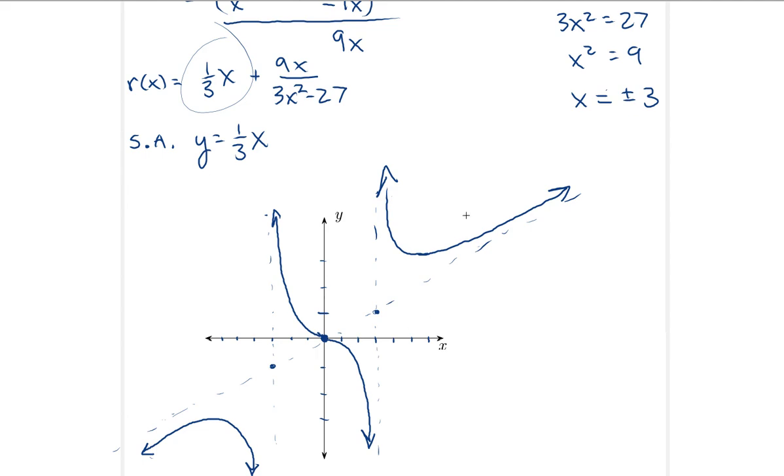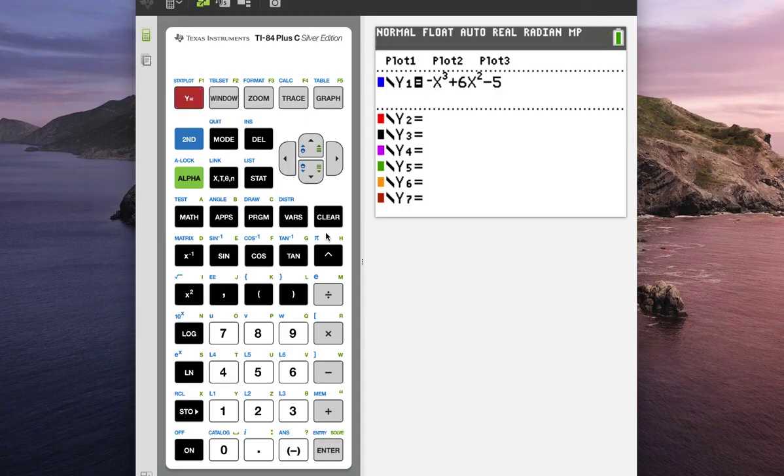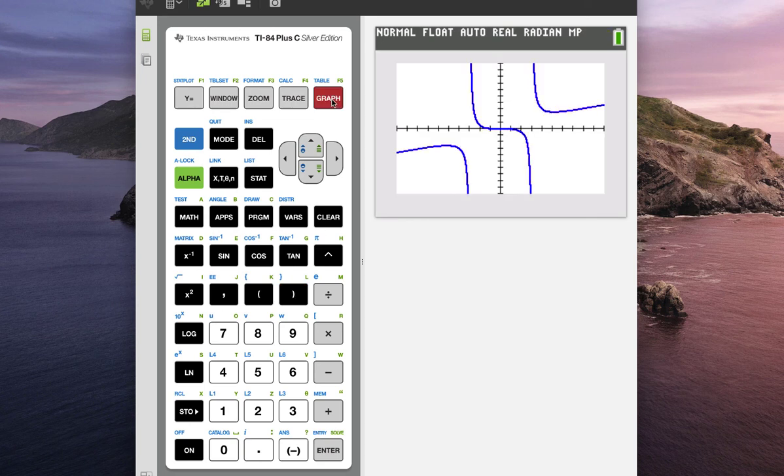And let's go ahead and just take a peek at this before we end this example. So what we're doing is saying x cubed, and we're dividing that by 3x squared minus 27. All right, and then we graph that. Okay, looks pretty good.